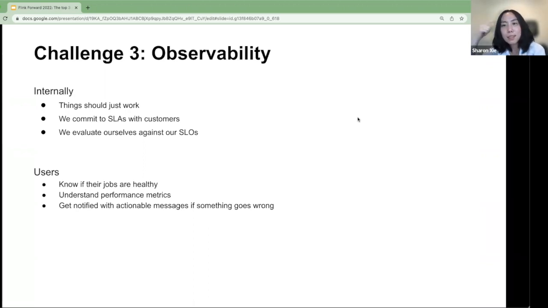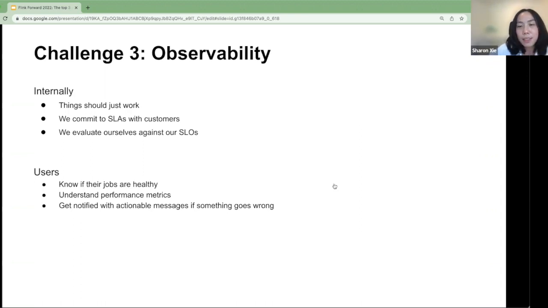So it turns out that this is not super easy. And this makes it harder because Flink actually offers tons of metrics at different levels. So finding the minimal set of signals that's generic for all kinds of jobs is not easy.